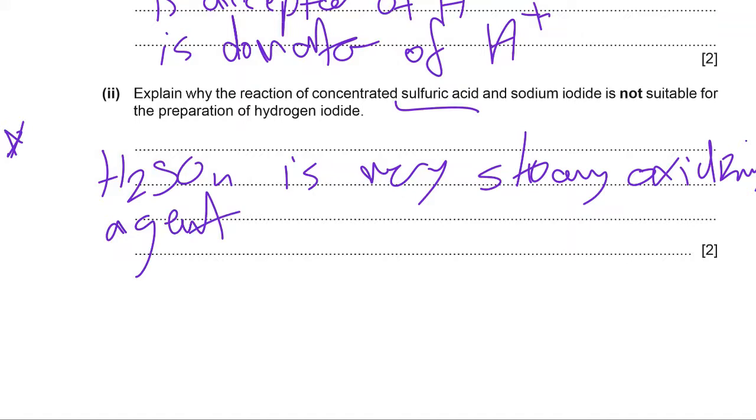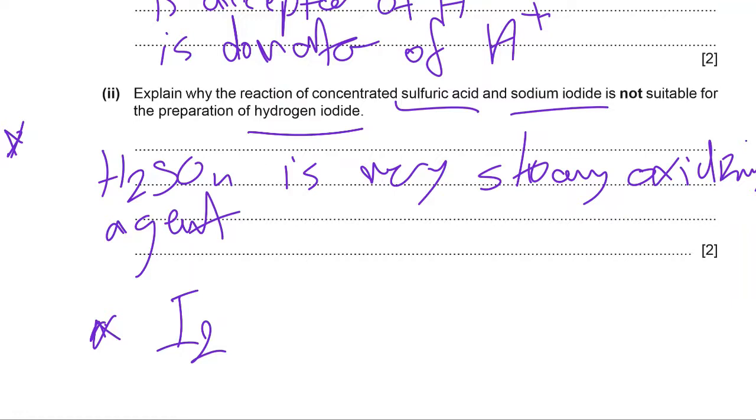If you react sulfuric acid with sodium iodide, you will not form hydrogen iodide only, you will also form iodine. So actually you need only hydrogen iodide, but at the same time you will produce iodine.